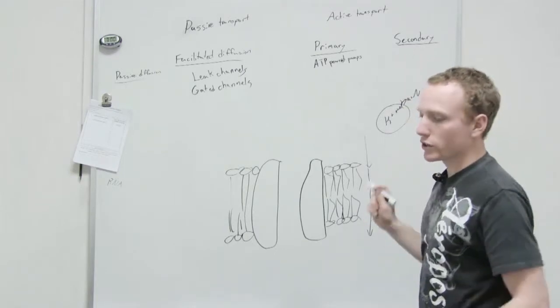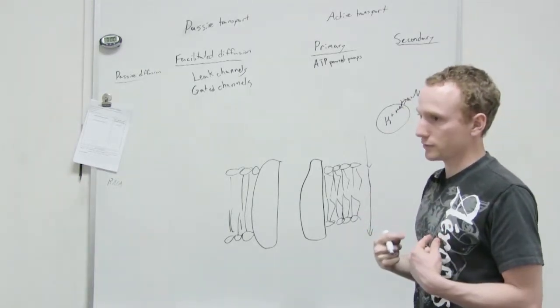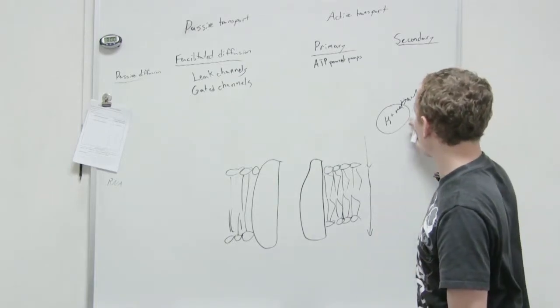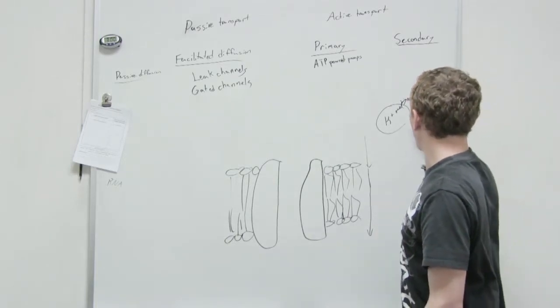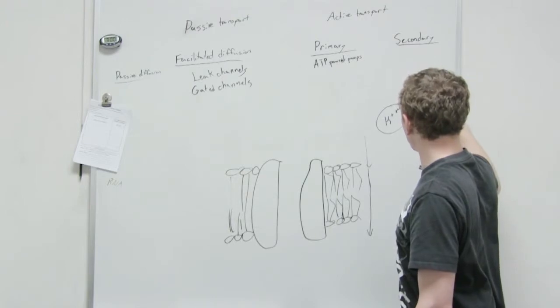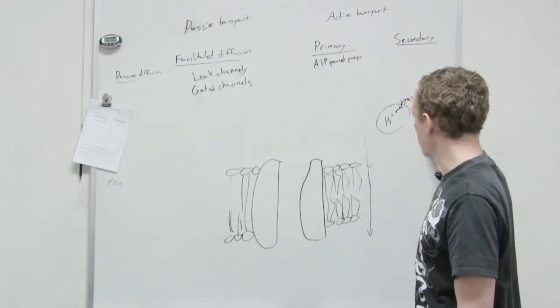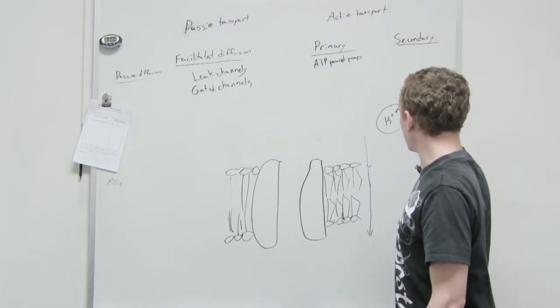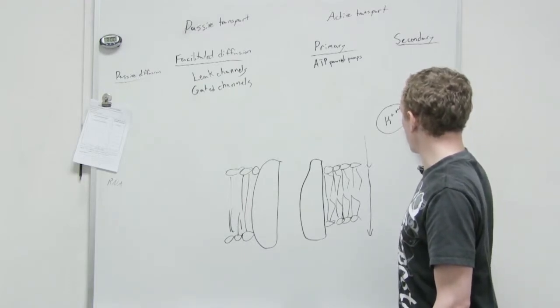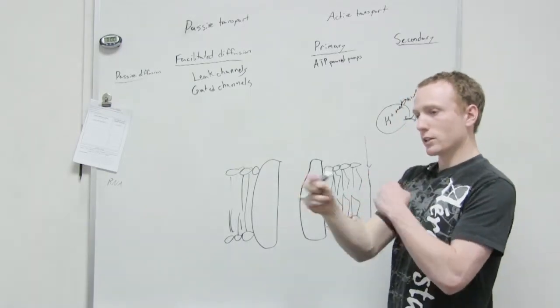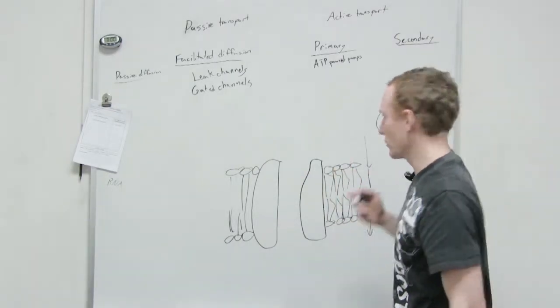Secondary active transport doesn't use ATP itself, but it needs ATP to work. For example, calcium is high outside the cell. So this is another antiport, anti being against or opposite directions.